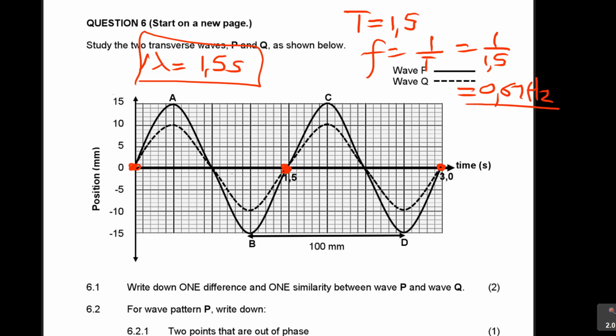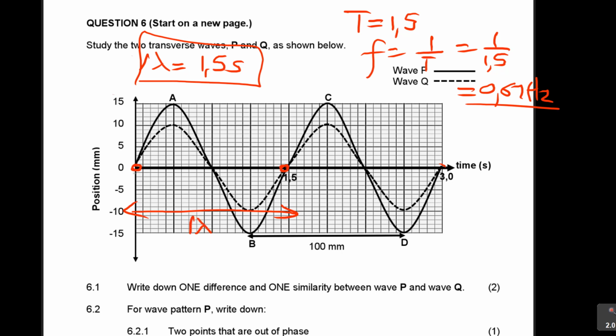So it doesn't matter whether you say frequency, the number of waves, here there are 2 waves in 3 seconds, or you look at the period, how long it takes to pass this 1 wave. That's your period. I repeat again, from 0 to 1,5 is one wavelength.